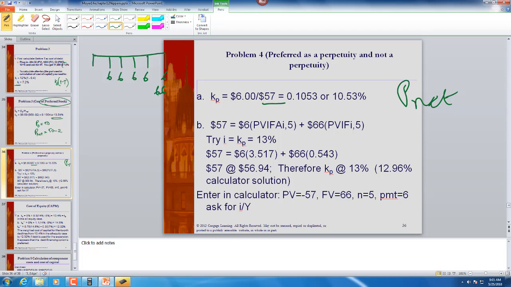So essentially, what they're telling you is, we have a stream of annuity and a single payment at the end. Does this remind you of something? Doesn't this remind you of a before-tax cost of bond? Because that's what this is. So basically, you have a stream of annuity that pays $6 and $66 that comes at the end of 5 years. So how do you do this on a calculator?